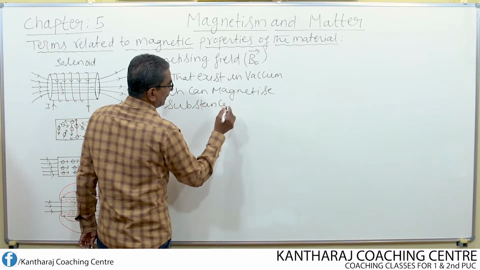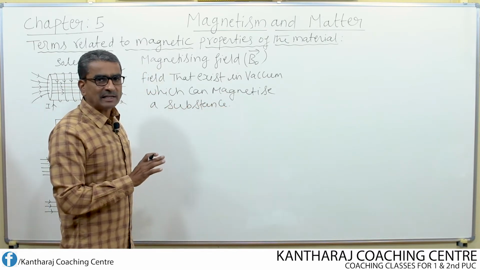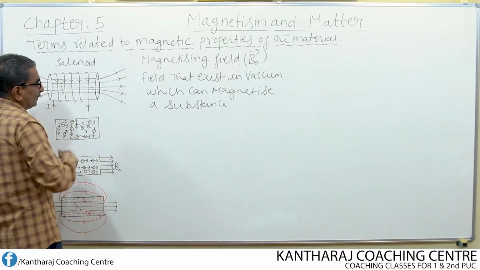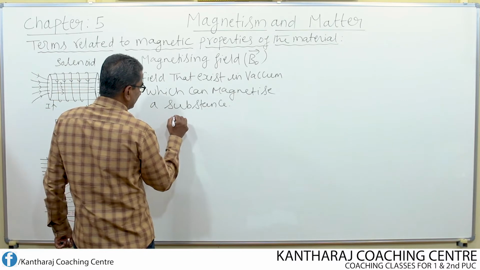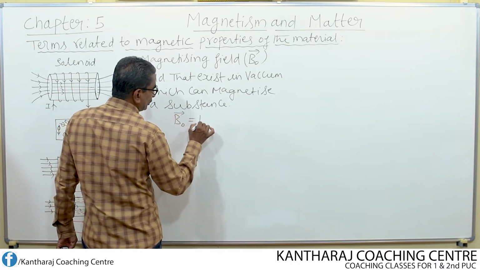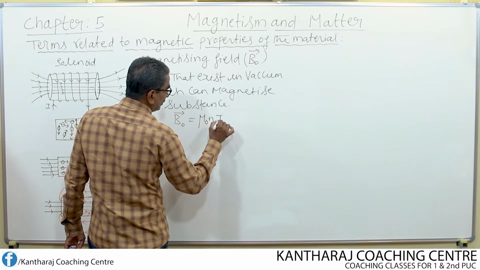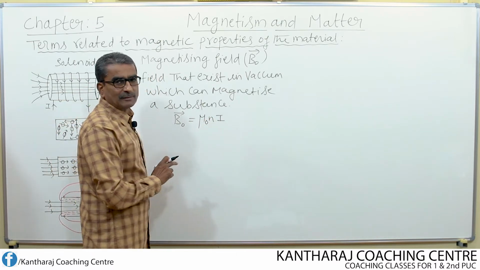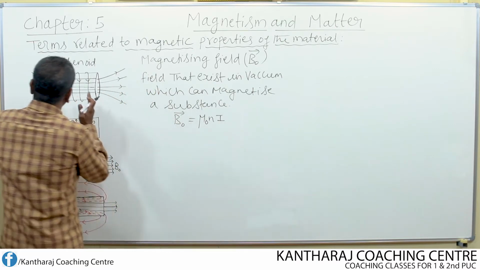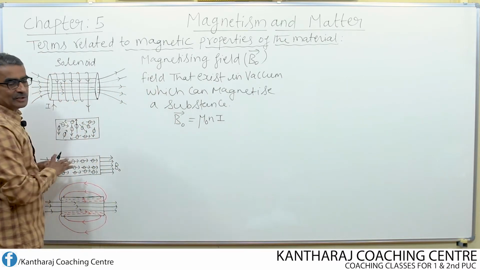It can magnetize only a magnetic substance, not a non-magnetic substance. Mathematically, it is given by the equation B naught equals mu naught n I. Mu naught is the absolute permeability of free space, and n is the number of turns in 1 meter length of the solenoid.